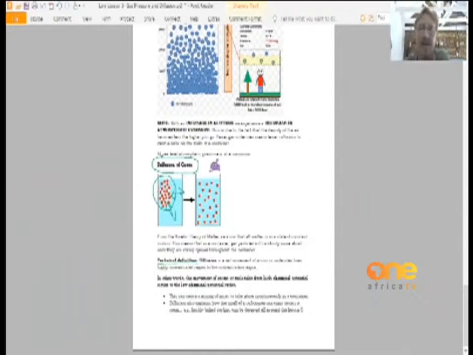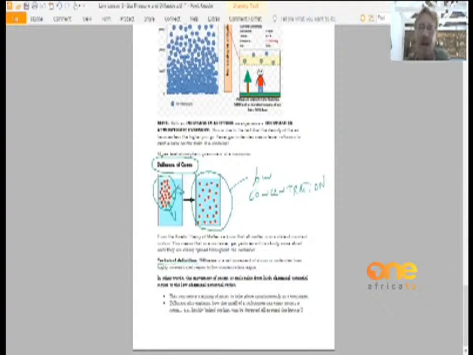And here, where they've now spread out throughout the entire container, that's a low concentration. In other words, the movement of atoms or molecules is from a high chemical potential to a low chemical potential.